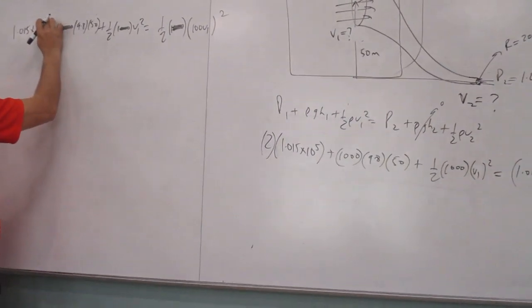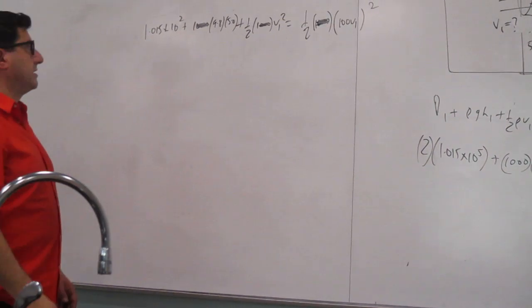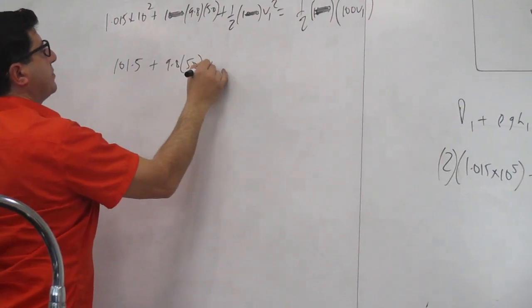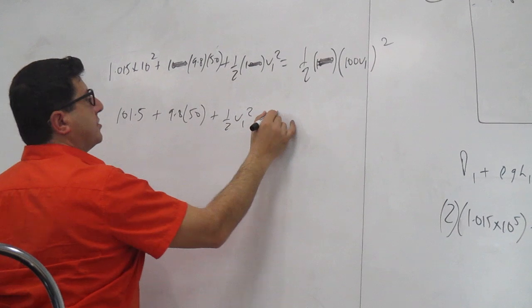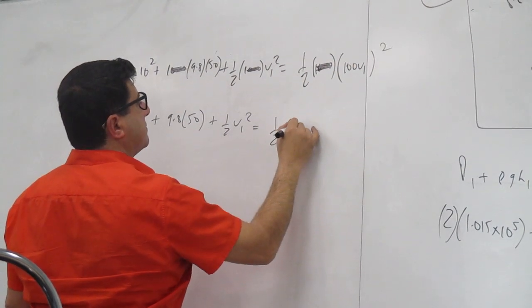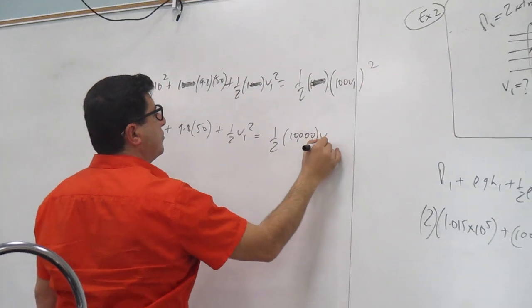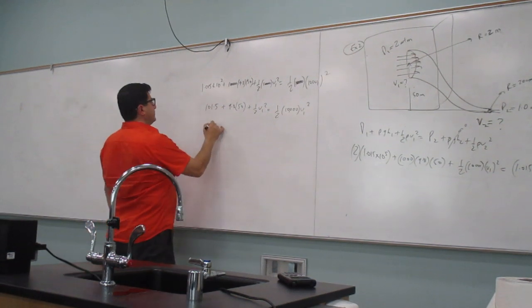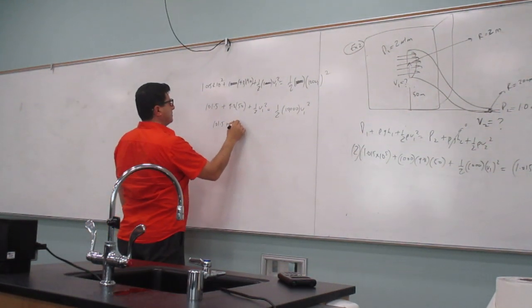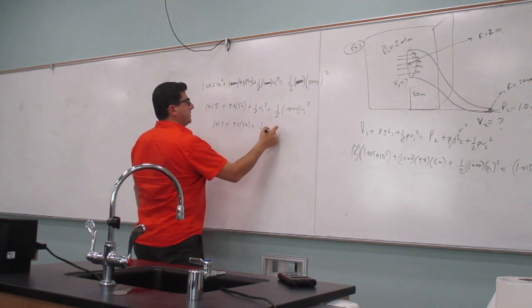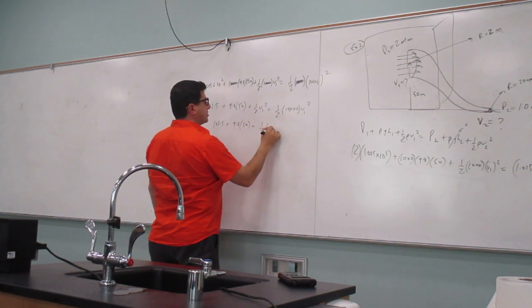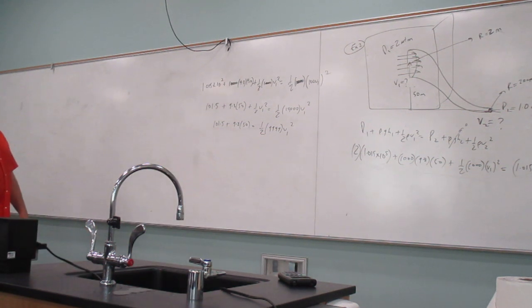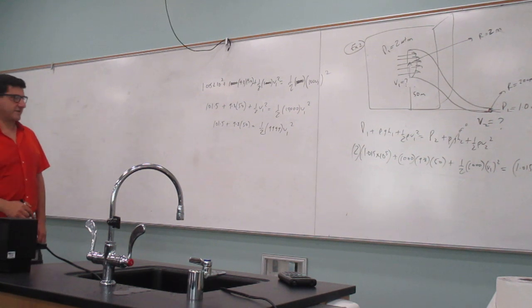Then this becomes 10 to the second. So I have 101.5 plus 9.8 times 50 plus half V1 squared is equal to half 100 squared, 10,000 V1 squared. 10,000 minus 1 is going to be 9,999. And then you solve for V1 from there.